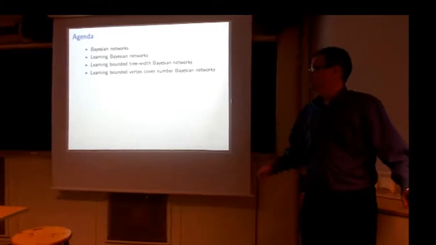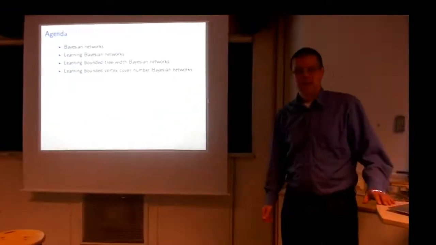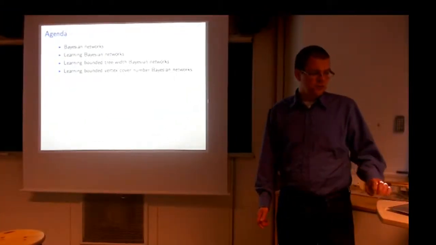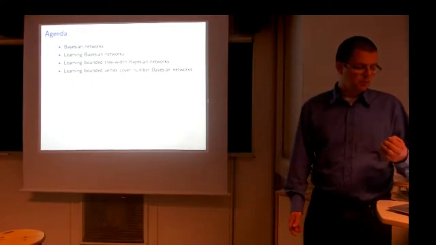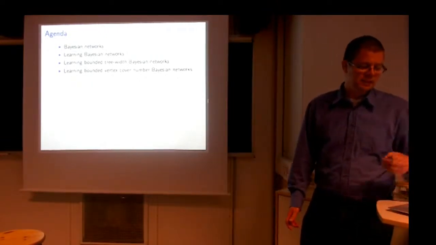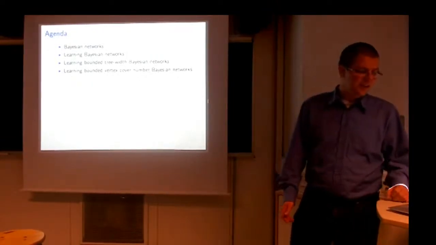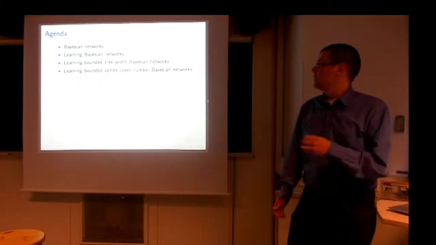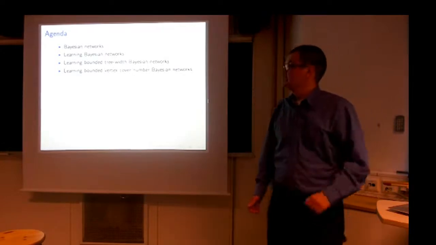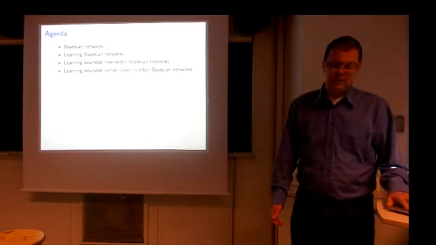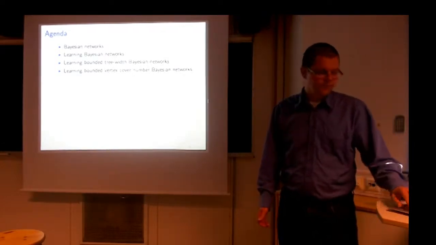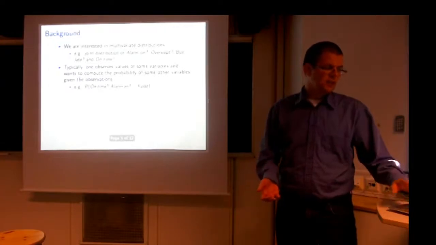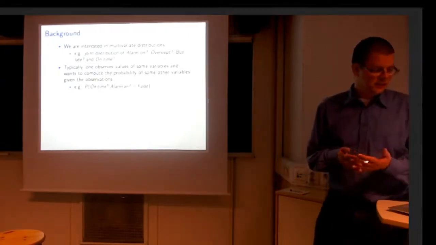And then I will move to my research and consider two kinds of Bayesian networks. First, Bayesian networks with bounded treewidth, and then Bayesian networks with bounded vertex cover number. And I will then explain why these particular classes are interesting. But let's start from the basics.